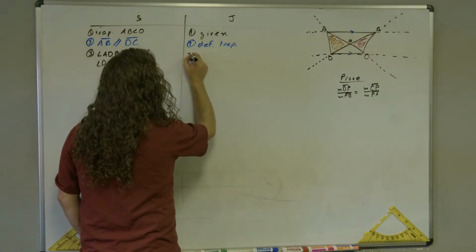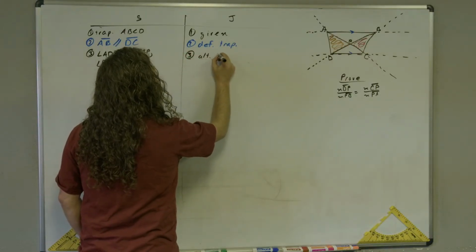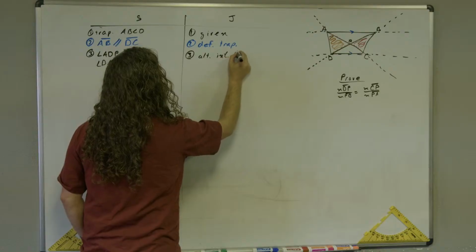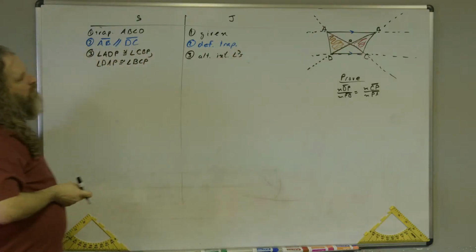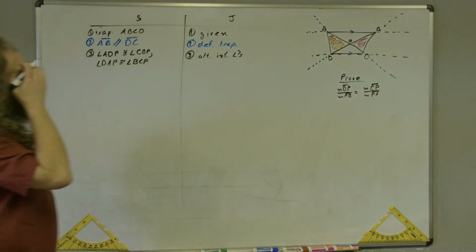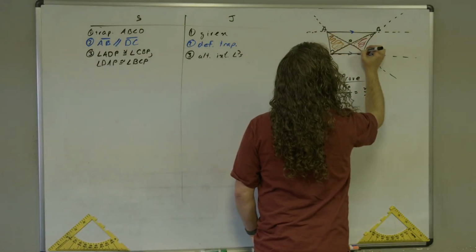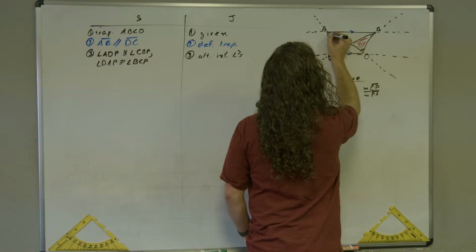And that's the same justification for both. Alternate interior angles. So we've got this congruent to this, and this one congruent to this one.